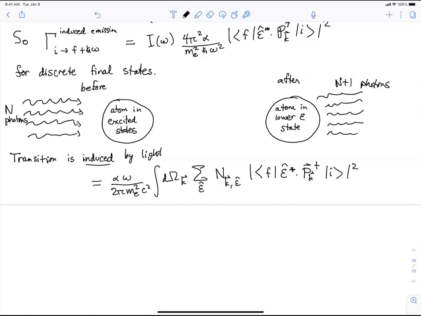Okay, so that's good so far, but let me just write down this fact. The rate that we've computed to emit a photon is proportional to the number of photons already present.